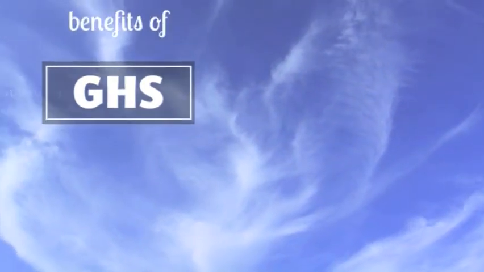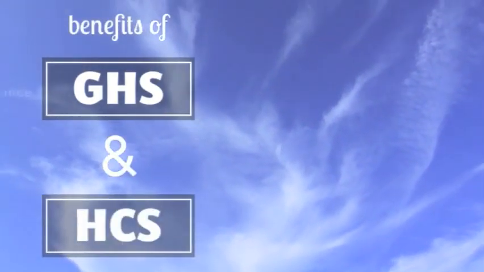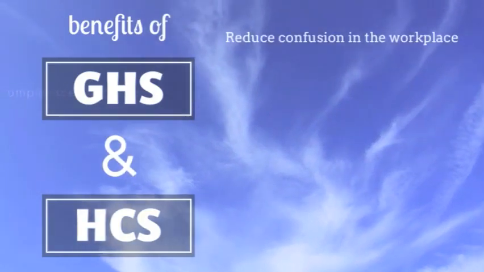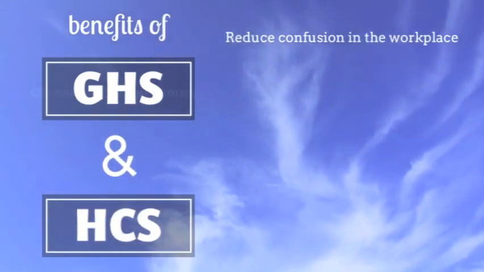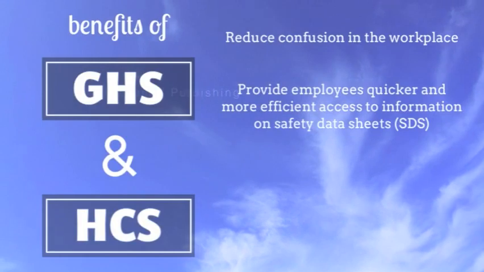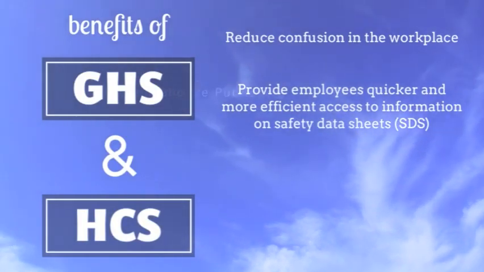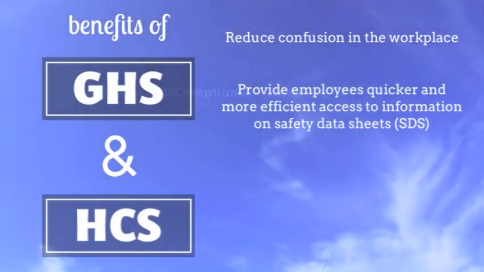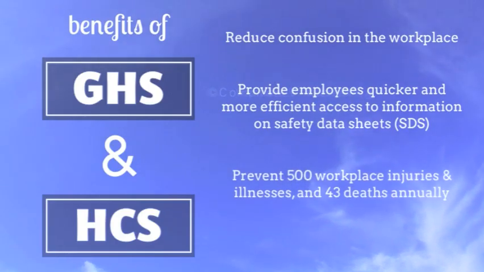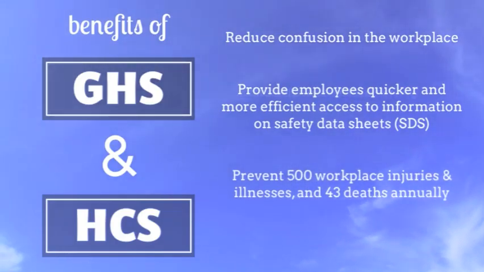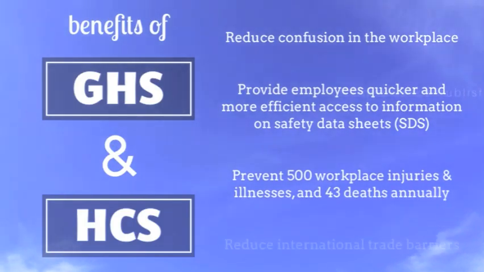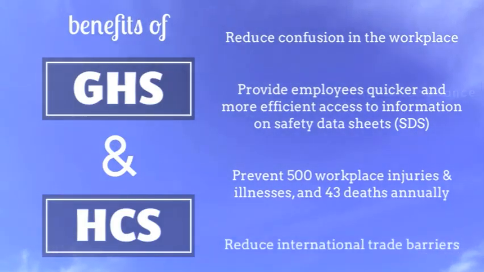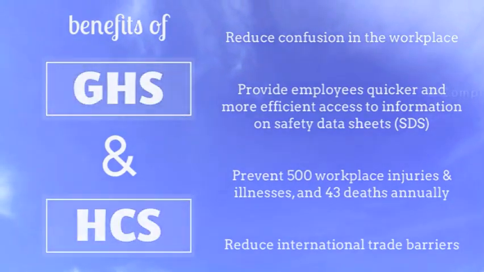There are distinct benefits to GHS and HCS. It greatly reduces confusion in the workplace. It provides employees quicker and more efficient access to information on safety data sheets. It prevents 500 workplace injuries and illnesses and 43 deaths annually. And it reduces international trade barriers.